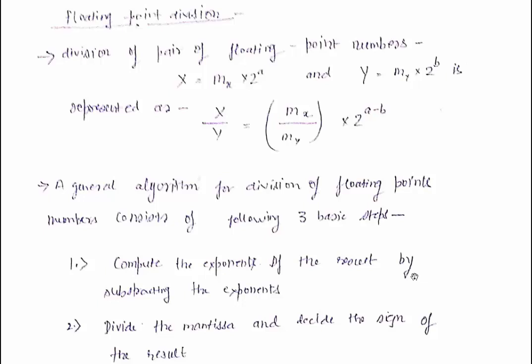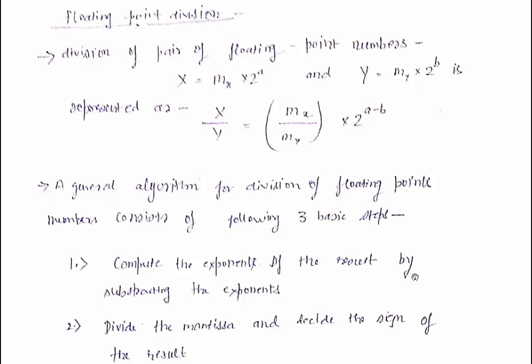My represents the mantissa and b represents the exponent of y. If you perform x divided by y, Mx would be divided by My, and the exponents are subtracted from one another. If you divide 2 raised to the power a by 2 raised to the power b, the base remains the same and you compute a minus b.